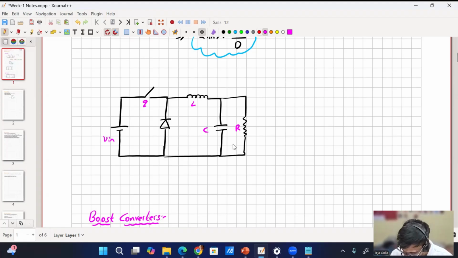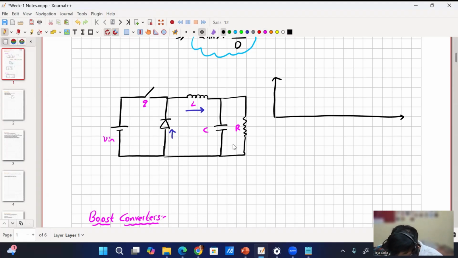Now if you see, the current is always flowing in this direction, right? For the input, it is okay. But the current flowing through this cannot go negative, because the diode will conduct only in one direction. So in this case, current will not go negative. Instead, it will be cut off at zero, something like this.